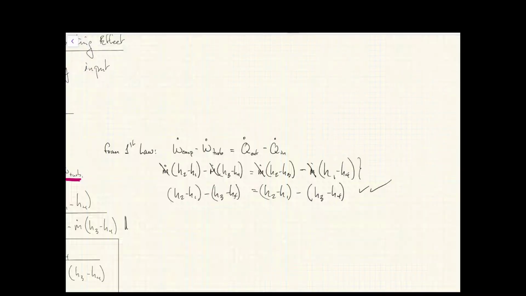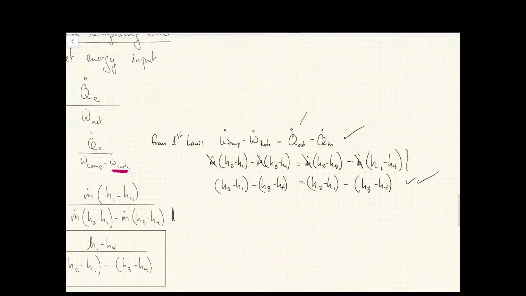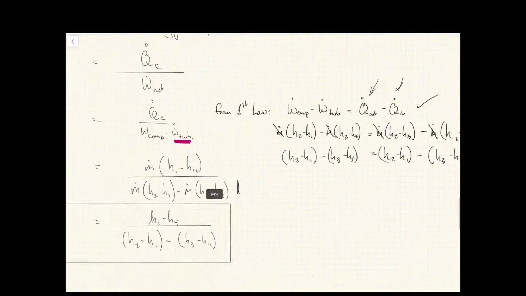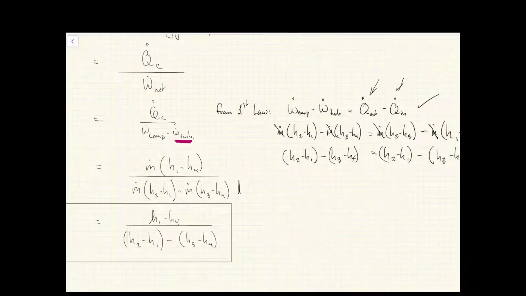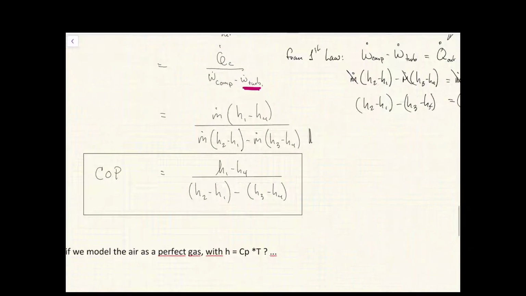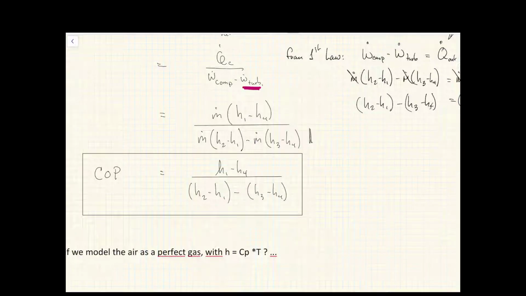And that just verifies our previous method, which is instead of computing the work in minus the work out, was to simply look at the heat out minus the heat in. That's what we did in the SVCC analysis, as you recall. But the point here is that they're both the same, as you'd expect. All right, so that's what that expression over here is. Removing the m dot gives us our final result for the COP of the reverse Brayton cycle.